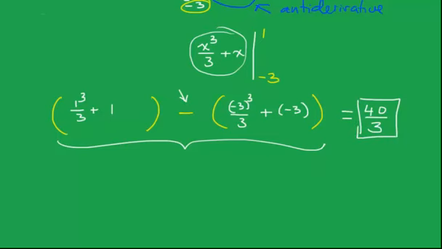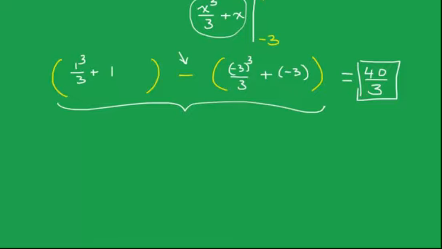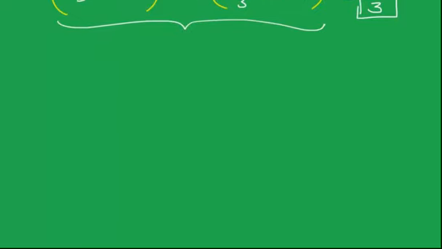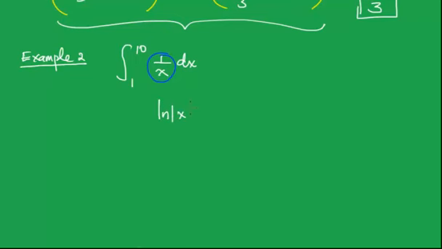Let's go over another example. Example 2. Let's say you want to compute the integral from 1 to 10 of 1 over x dx. First thing you do, you find an antiderivative of this function, and an antiderivative of 1 over x is natural log of absolute value of x.